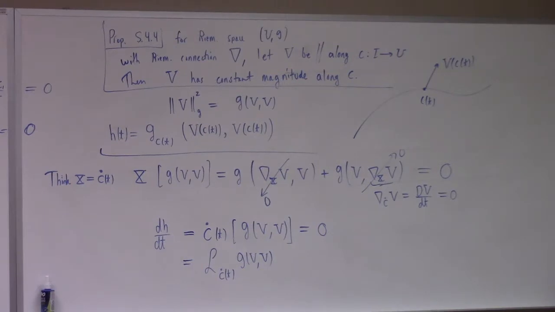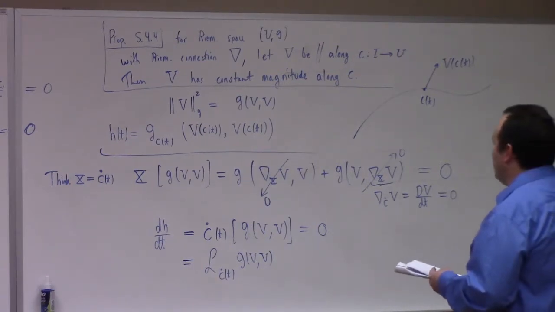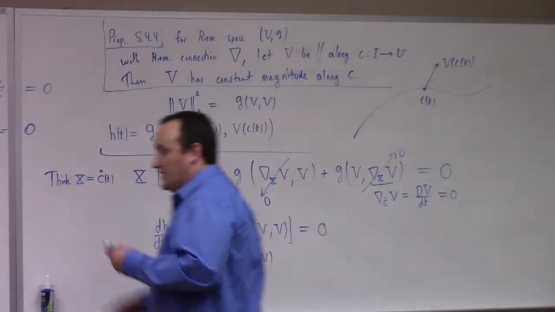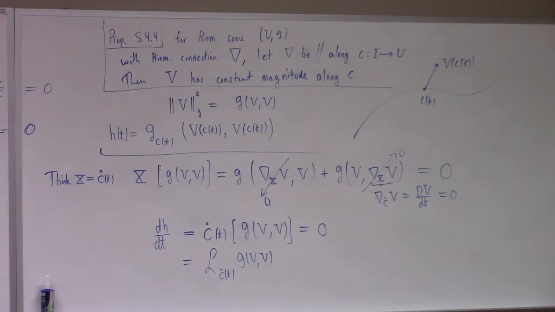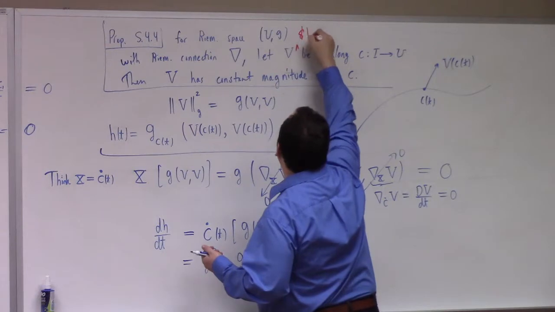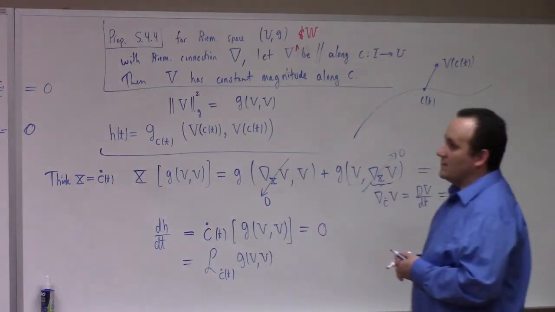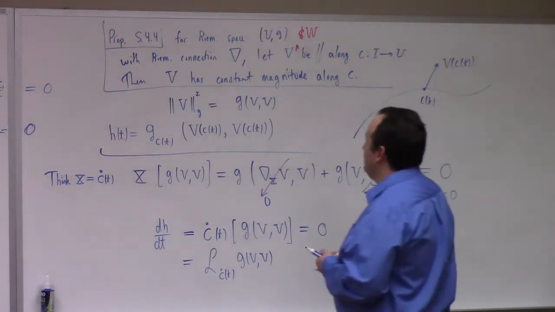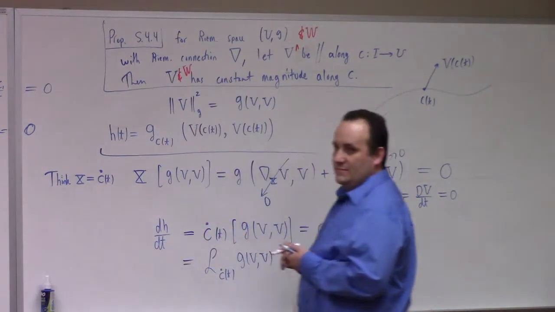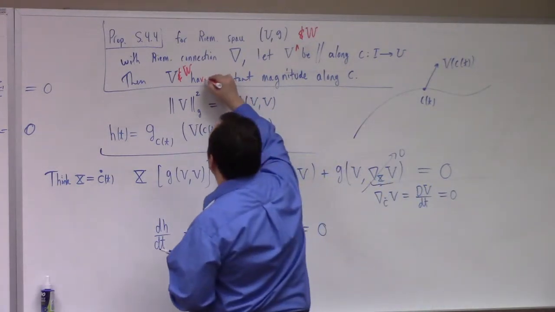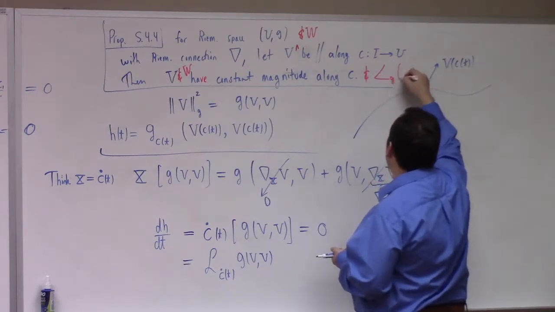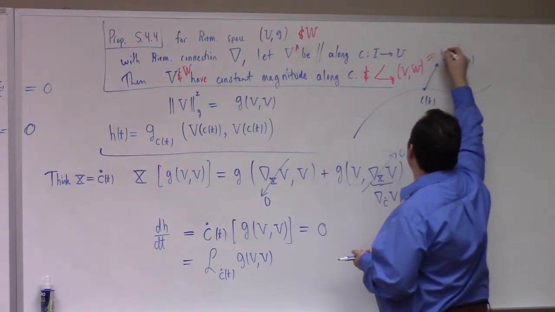So now, if you believe this proof, it's not hard to see that if you add another vector field, say W, and W is also parallel along C, then V and W have constant magnitude along C, and the angle with respect to G between V and W equals a constant.